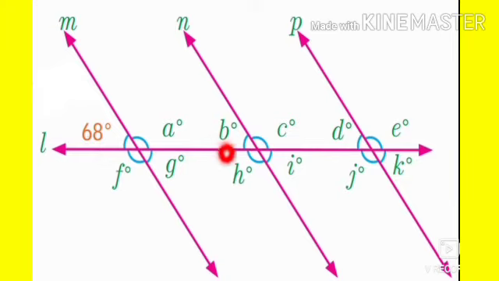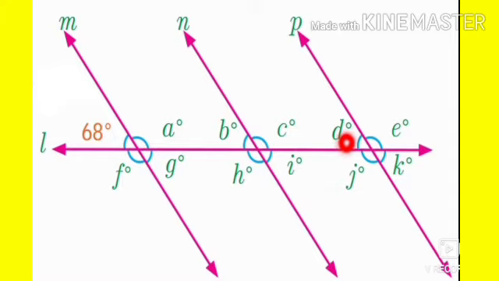And also for these vertically opposite angles B degree and I degree, since here B degree is 68 degree, simultaneously I degree is also equal to the same measurement, 68 degree.